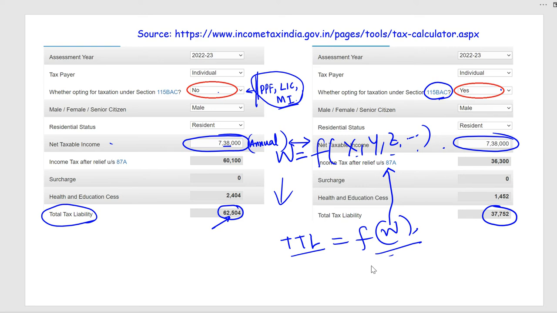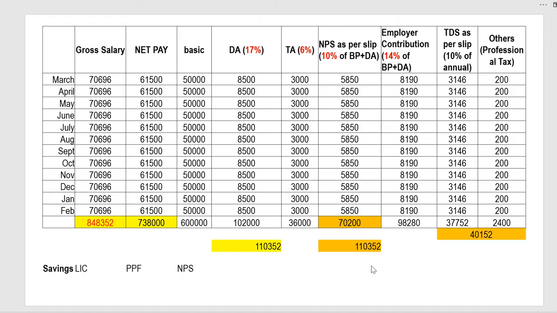In fact, I will show you one more data. If a person's basic salary is 50,000, then there are some value additions. For example, this is DA, 17% of the basic salary. Then the travelling allowance is 3,000, 6% of the basic salary.